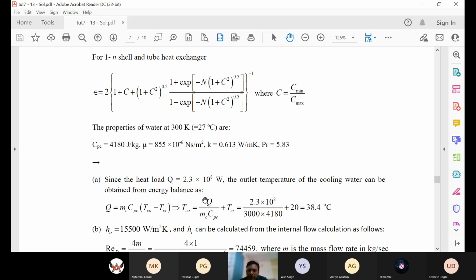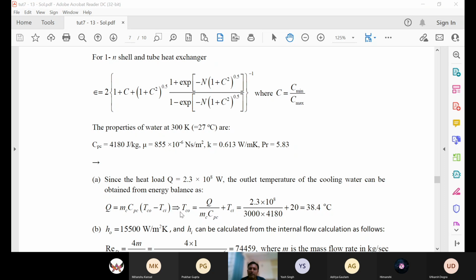So Q is given here, isn't it? This Q value is given. So this Q equals m_c C_pc (T_co minus T_ci). We can back calculate T_co. Is it clear to everyone? Does it make sense to everyone? Is there anyone?